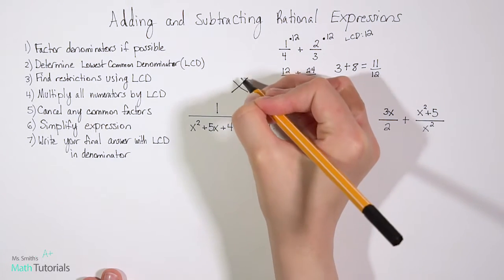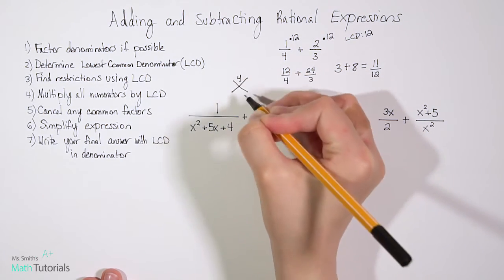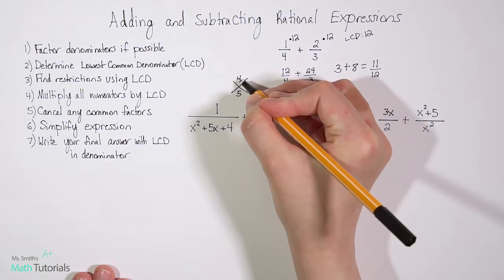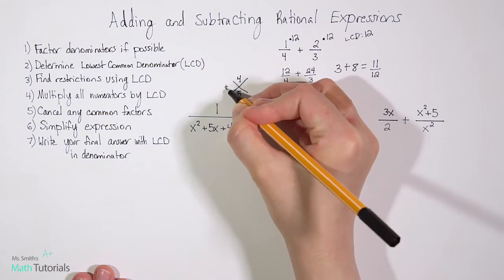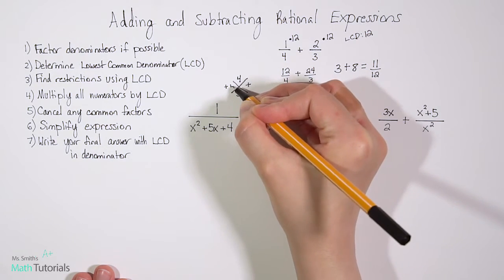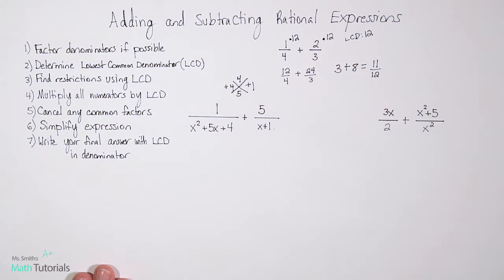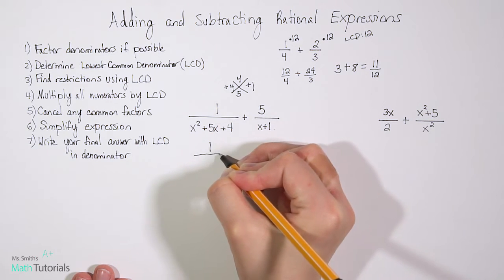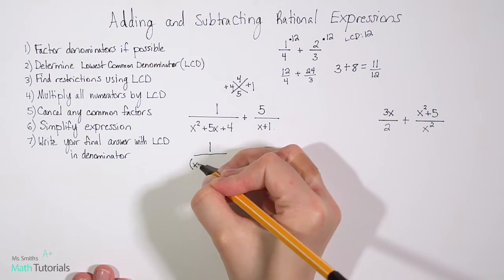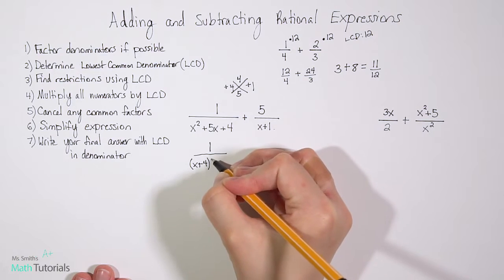Remember, x is a times c, which is 4, and then we have our b, which is 5. What multiplies to give me 4 and adds to give me 5? Well, I know they'll both be positive, and it's going to be 4 and 1 as my factors. We've got a numerator of 1 and a denominator of (x + 4)(x + 1).